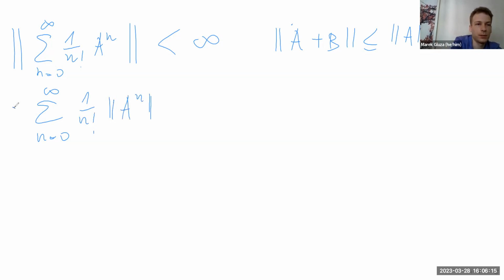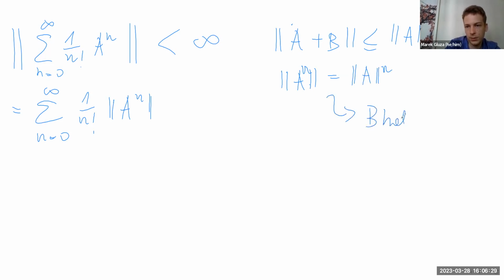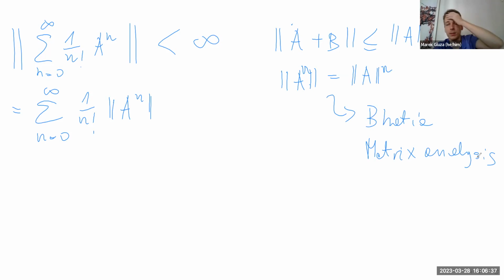So now I'm coming back and you will see that this 1/n example that I gave just before is not so trivial. So here I'm going further. And then the operator norm of A to the power n, this kind of stuff you would need to read in Bhatia's matrix analysis. That's also not my point to be explaining all those details, because I'm not able to give a full lecture course on the linear algebra theory, but kind of pointing you there, and you can then discuss with me and ask questions.